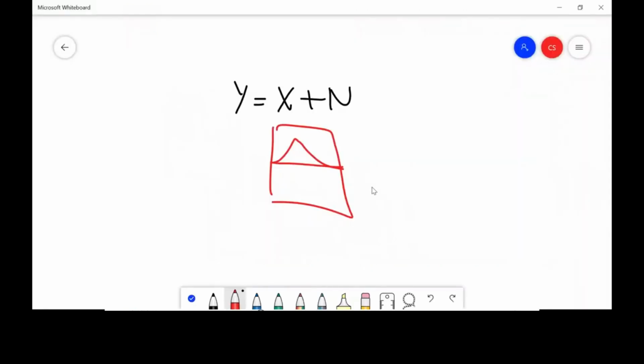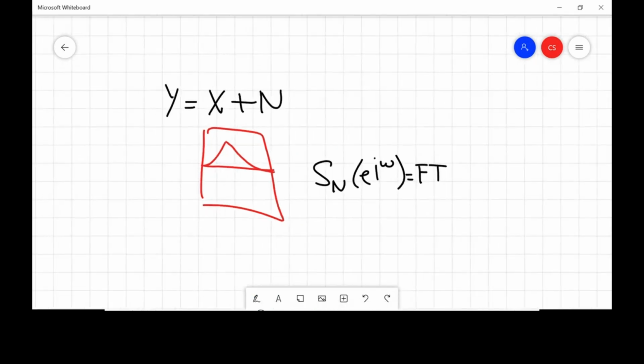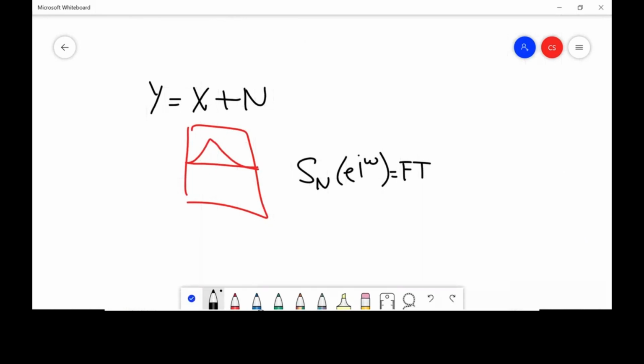Actually, if you remember the power spectrum, it was something like this. Let's do it in 1D. It is the Fourier transform of the autocorrelation function of the signal n.